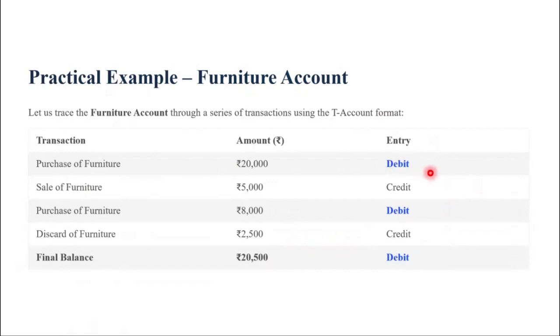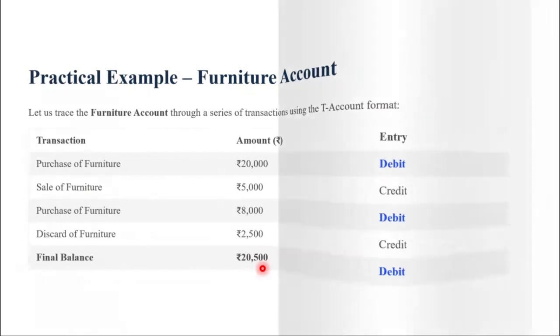Total debits are 28,000 and total credits are 5,000 plus 2,500, that means 7,500. The difference, the balance, is 20,500 on the debit side. This tells us the current value of furniture on hand.